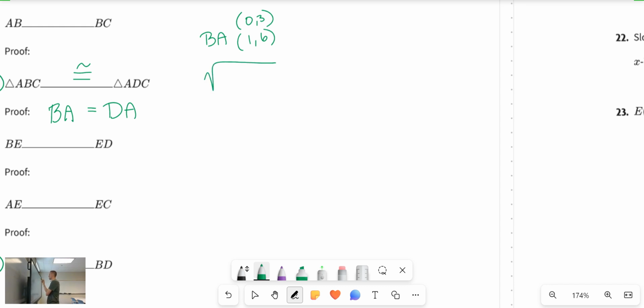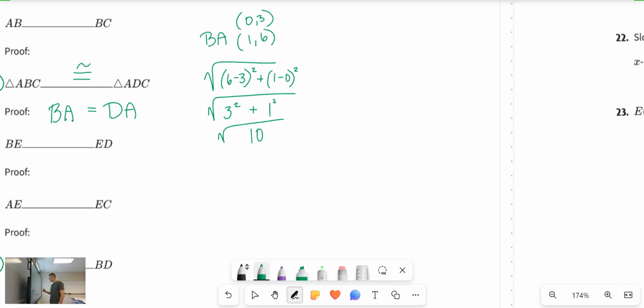That's going to be the square root of 6 minus 3 squared plus 1 minus 0 squared. That's going to be the square root of 3 squared plus 1. And that's the square root of 10. Okay.